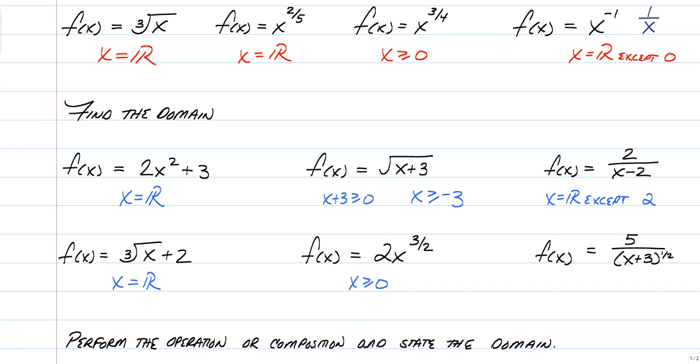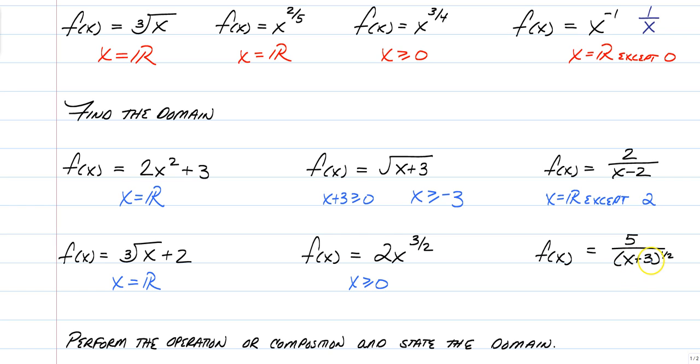And finally, the last one is the trickiest one of all, because you have a 1/2 power, which is a square root, so this is a square root in the denominator, but we also can't have 0 in the denominator. So we have to think about it in both ways. You can't have the square root of a negative, and you also cannot have a 0 in the denominator.